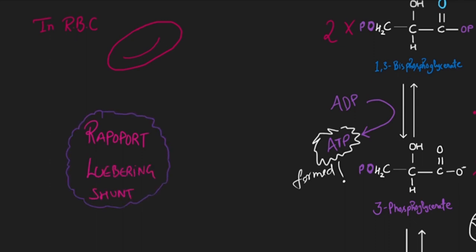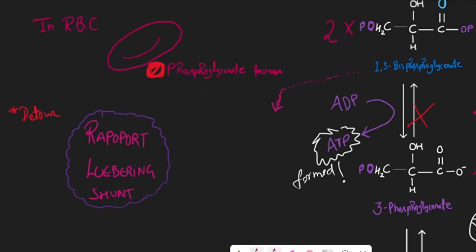This happens in red blood cells because of the lack of a particular enzyme, phosphoglycerate kinase, which is used to convert 1,3-bisphosphoglycerate into 3-phosphoglycerate. That is why, in RBCs, this pathway takes a detour in which 1,3-bisphosphoglycerate is converted into 2,3-bisphosphoglycerate, and finally into 3-phosphoglycerate. There is no direct conversion, and this detour is known as the Rappaport-Lewis shunt.